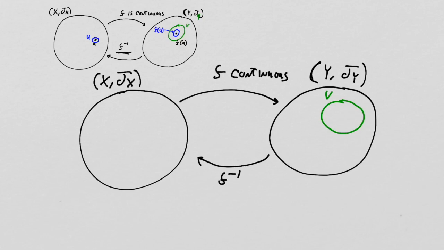So V has an image. That image of V over in X, I'll draw it in green also because it's sort of the same thing. This will be f inverse of V. Notice we're treating f inverse and f as both functions from one set to another.